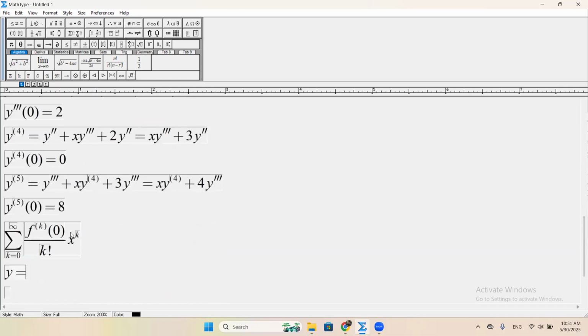So now x over 1 factorial, okay, let's do it like this even: 1 over 1 factorial x plus 2 over 3 factorial x cube plus 8 over 5 factorial x to the 5, and so on.